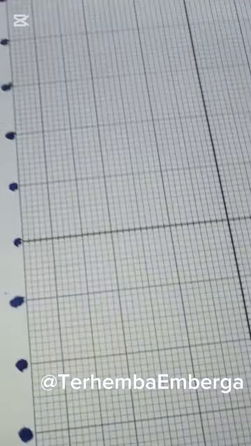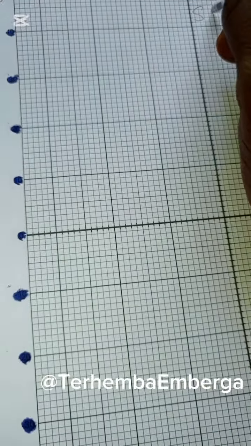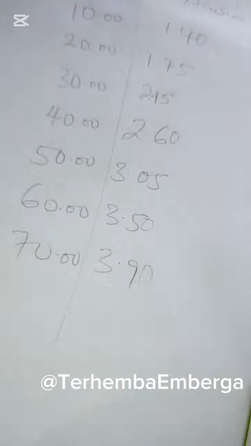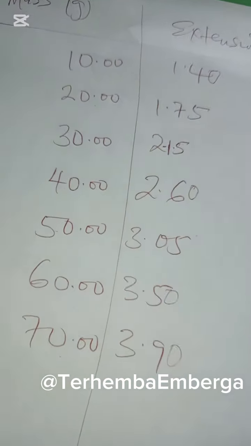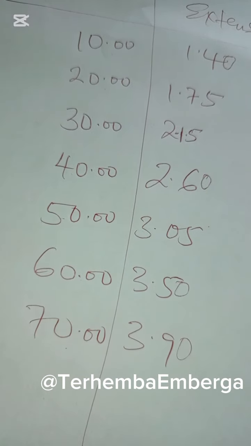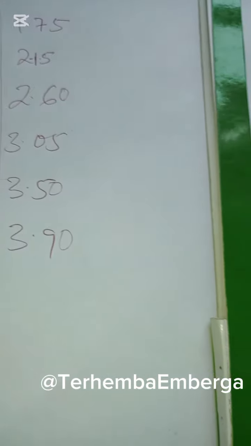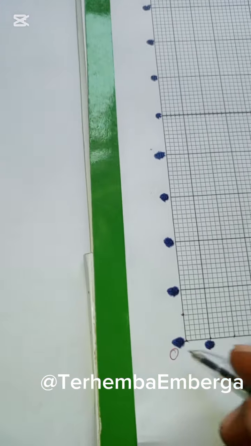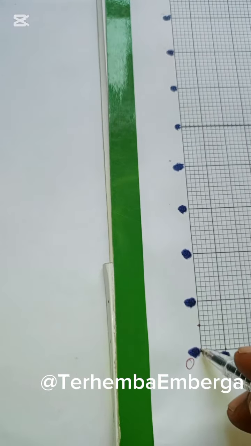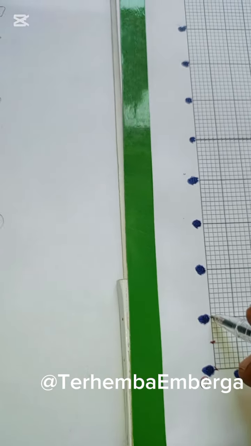You need to choose a scale, and your scale will be written there. So on the m-axis, looking at the range of values here, we can choose 2 cm to represent 10 grams. This is the origin. So from here, this is 1 cm, this is 2 cm.